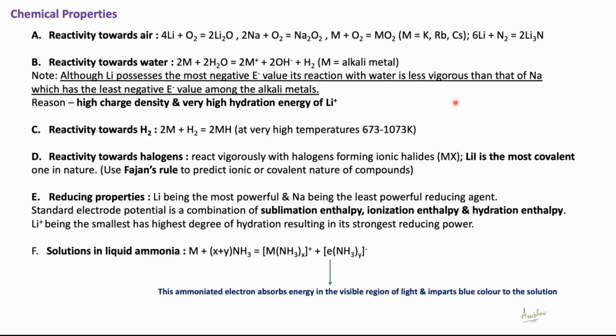We can address this by the reason of the high charge density and very high hydration energy of lithium plus. So you can see there is a metal cation, the lithium plus. In the last slide, I told you about the ionic potential. Ionic potential is nothing but the charge by radius ratio, which we can depict in the form of charge density. If the same charge is accumulated in a smaller radius, then charge density will be high. Lithium, sodium, potassium, all the alkali metals have the +1 charge, but the size of lithium is the smallest.